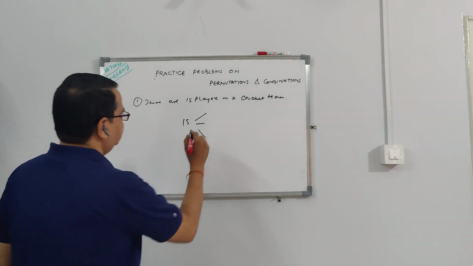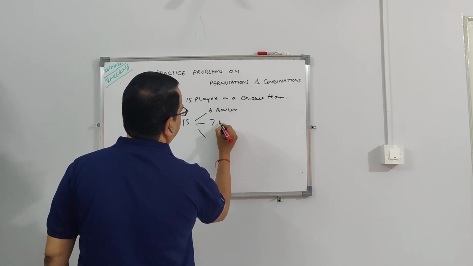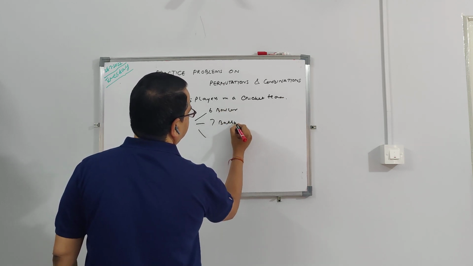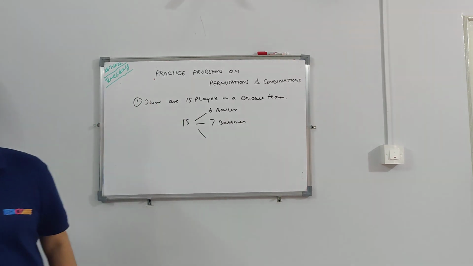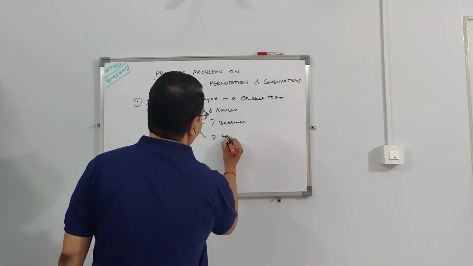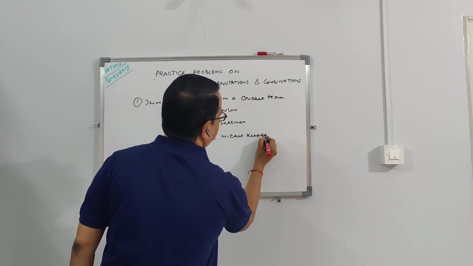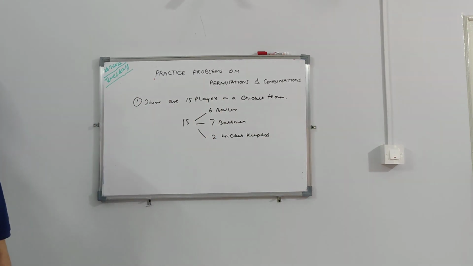So you have 6 bowlers, 7 batsmen, and 2 wicket keepers.